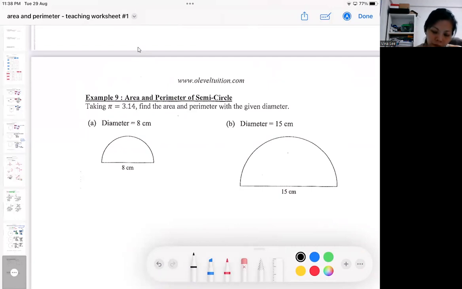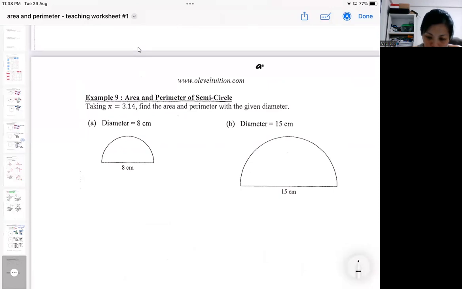You know how to find a full circle. It's just half of it. So the area of the semicircle is half times pi r squared, because pi r squared is a full circle. If you want half of it, you just multiply by half.